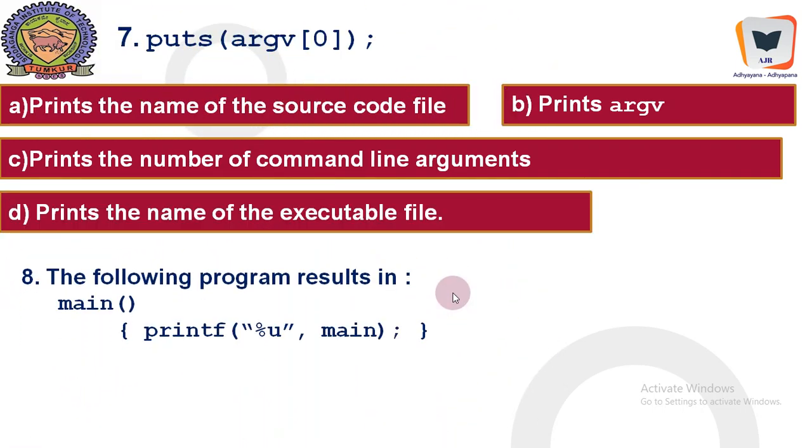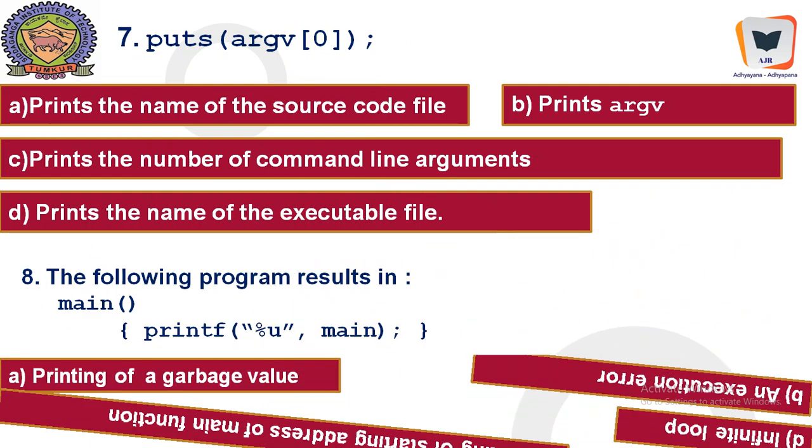The following program results in printf("%u", main). It will just print the address of main. As you might have already guessed, it prints the starting address of the main function in memory.